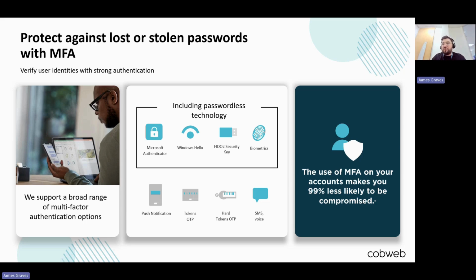People can't sit there and try and brute force attack these sorts of methods. So again, bringing in a lot more security and a lot more ways and means of stopping these attacks. And as you'll see on the right hand side there, simply having MFA on your account can make it 99% less likely to be compromised as a method of breaching your system. So it stops these identity attacks through strong authentication methods.